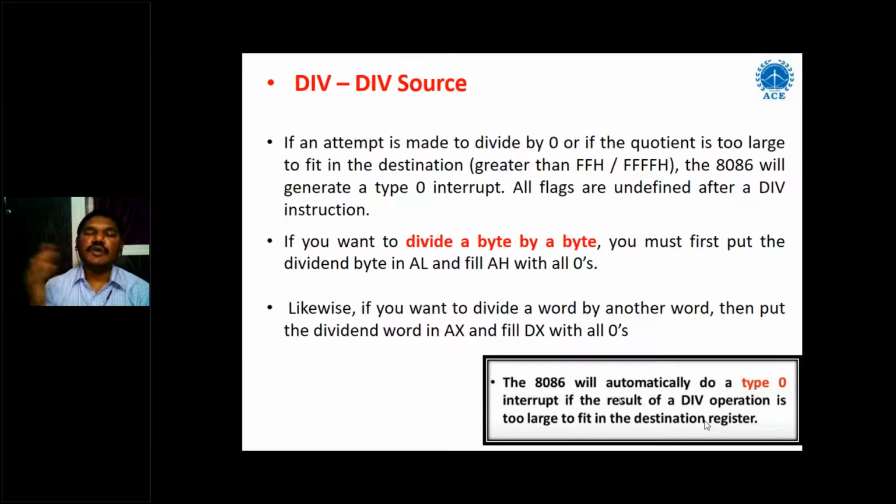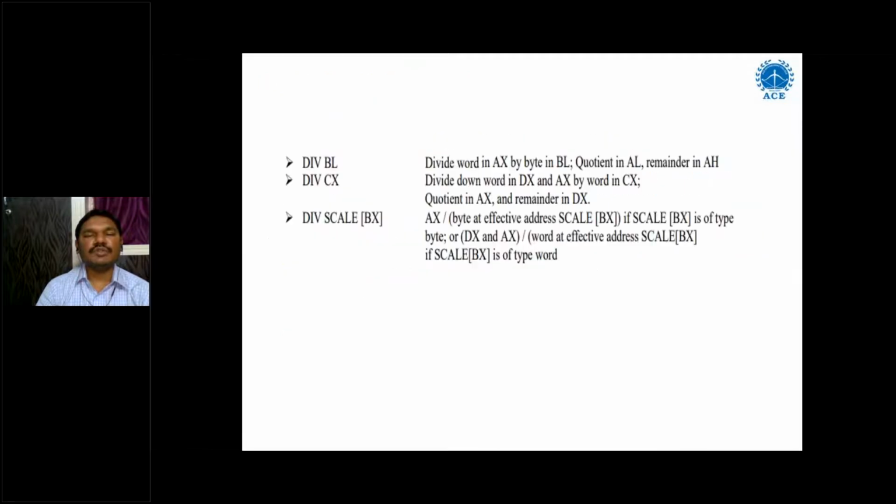Sometimes the result is larger than 16 bits, so the division operation goes to the type 0 interrupt, and it signals that the output is too large. That is what we call the divide by 0 error.